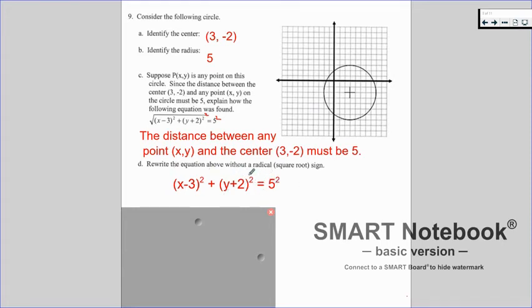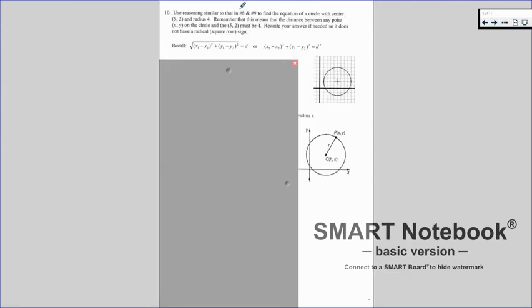Now when we look at this, we can start to pick out some things that are probably evident when we go back to this. Well, I can find the center x coordinate, there it is. I can find the center y coordinate, there it is. And I can also find the radius. So we'll see if that holds true as we continue on.